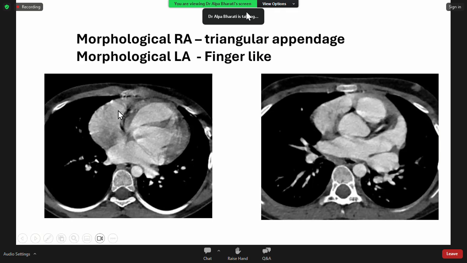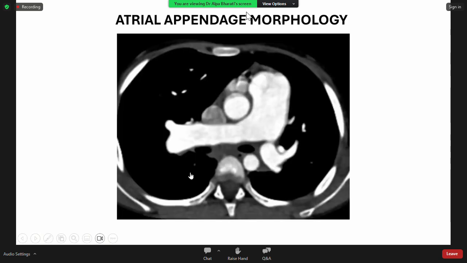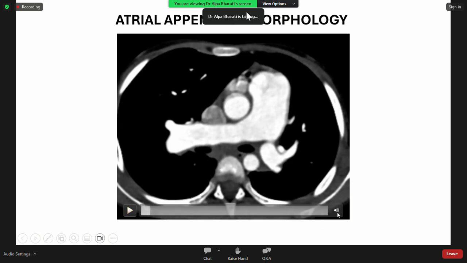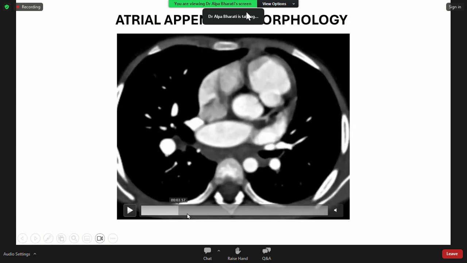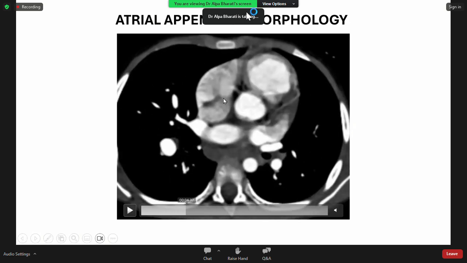So first step begins with identifying the atrial appendages. So right atrial appendage is triangular, left atrial appendage is more tubular and finger-like. So this is an example which I'm showing here only to identify the atrial appendage. Now if we scroll down, you see one appendage which is coming over here.